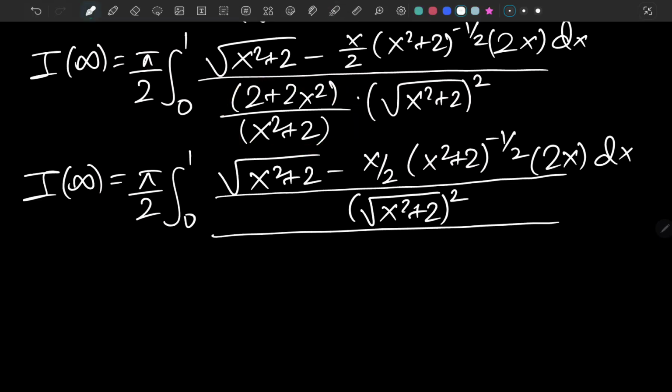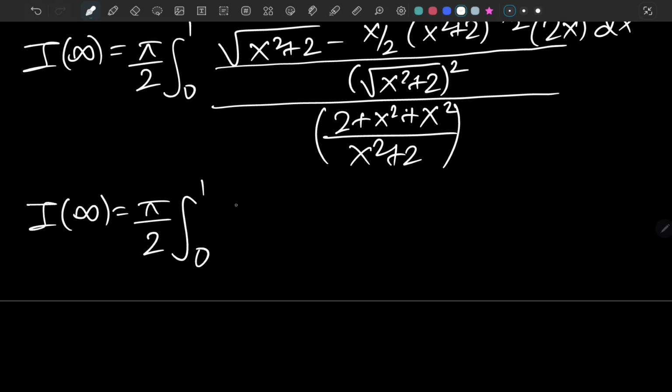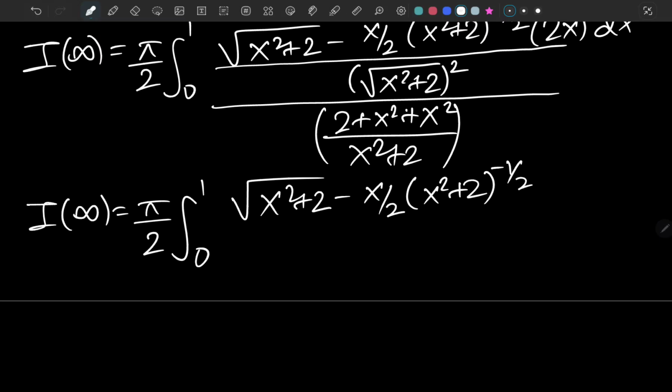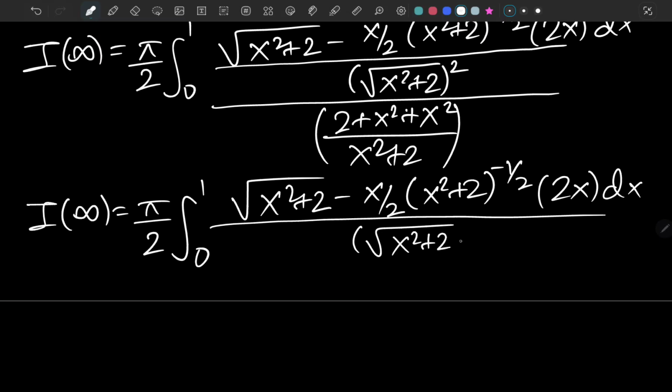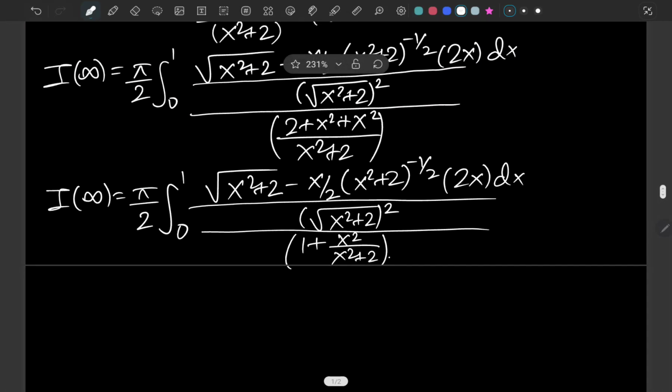So I can write this as 2 plus x squared plus x squared, since I can open 2x squared as x squared plus x squared. So in the next and final step, I of infinity equals pi over 2 integral from 0 to 1 of square root of x squared plus 2 minus x over 2 times (x squared plus 2) to the negative half, 2x dx, over square root of x squared plus 2 whole squared, which when you solve gives us 1 plus x squared over x squared plus 2. So this is what we are having finally right now.